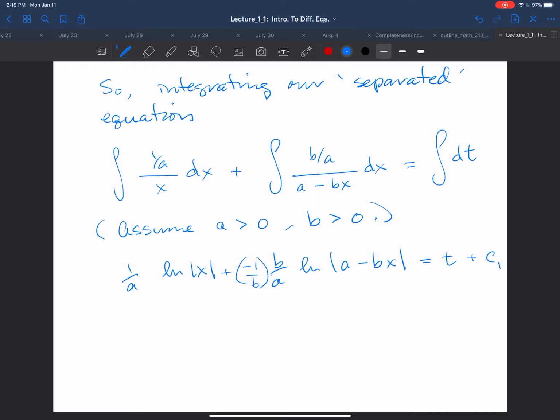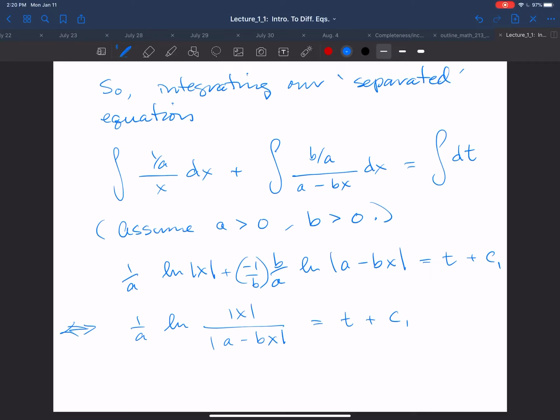Okay. So what this gives us is 1 over a times ln of the absolute value of x minus ln of the absolute value of a minus bx. So that gives us ln of the absolute value of x over the absolute value of a minus bx. And that has to be equal to t plus our constant of integration.